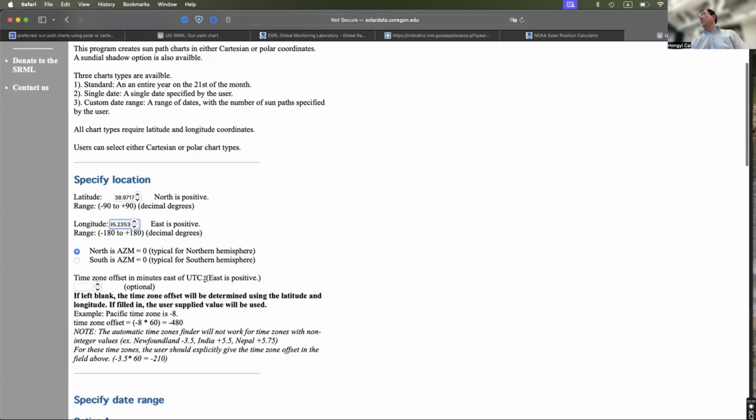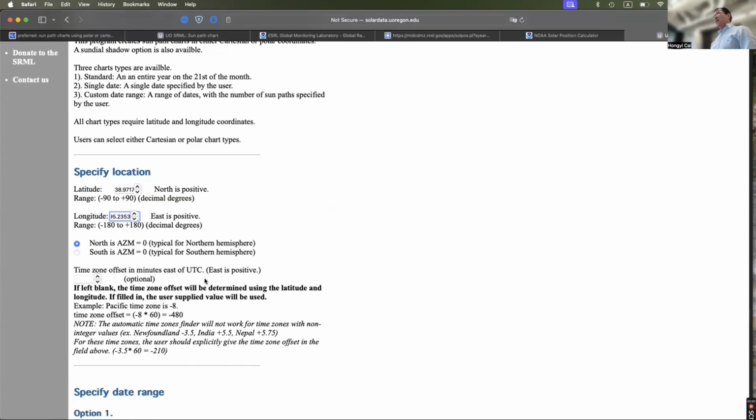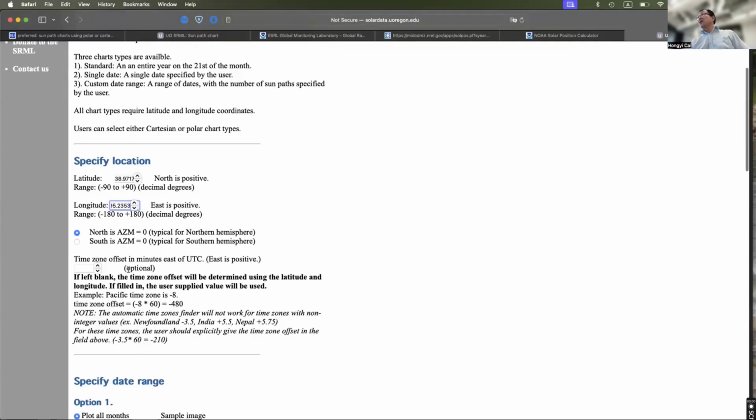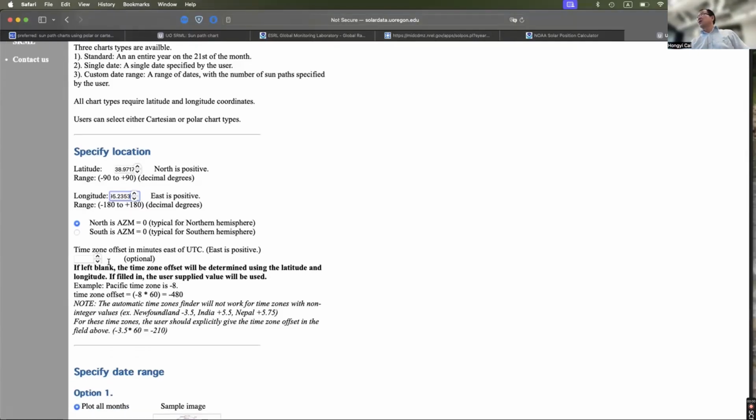We just use this because we are living in the northern hemisphere, so put the north as your azimuth angle 0. And then your time zone offset, UTC. This is optional. For us, this should be 6.